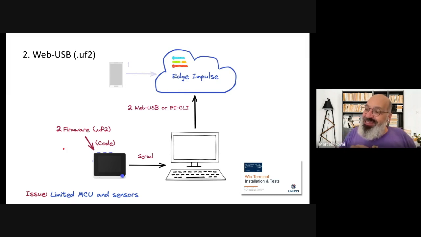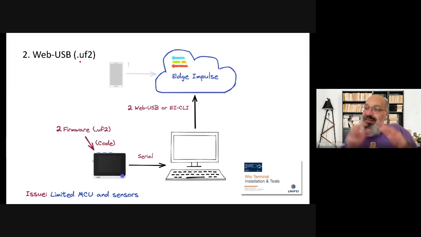The good thing about this kind of device is that when you go to the Edge Impulse page, including the documentation, it says first install the Arduino CLI, but in fact it's not necessary, because what you should do here is install a type of file. The name is .uf2.